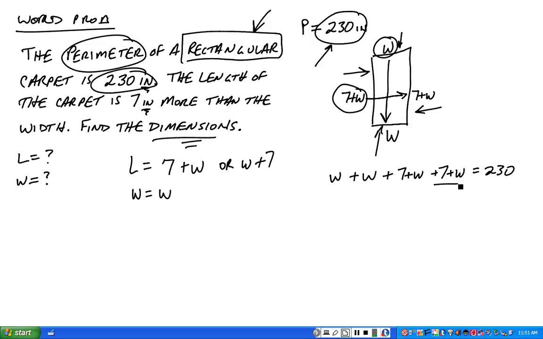So that's one side, that's another side, that's both of the lengths, and there's both of the widths. So there are your four sides. You got your four sides equals the 230.